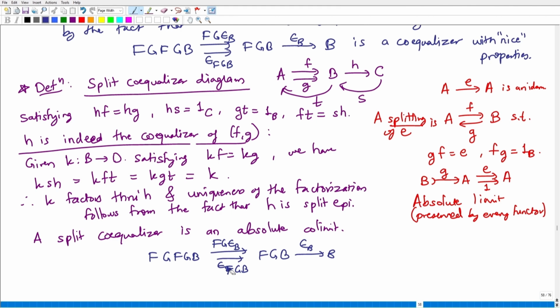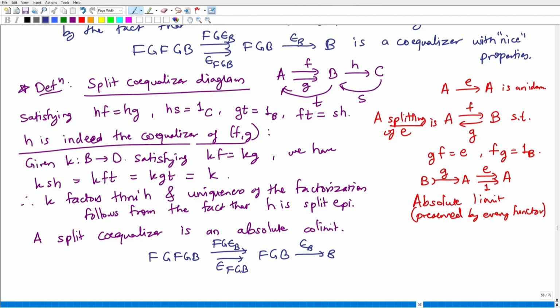Can you think of a splitting for epsilon B? Does there exist a splitting or not? Not in general, right? However, I could have simply shown you the splittings in the above diagram. I wrote the diagram again because I wanted to add another G everywhere.